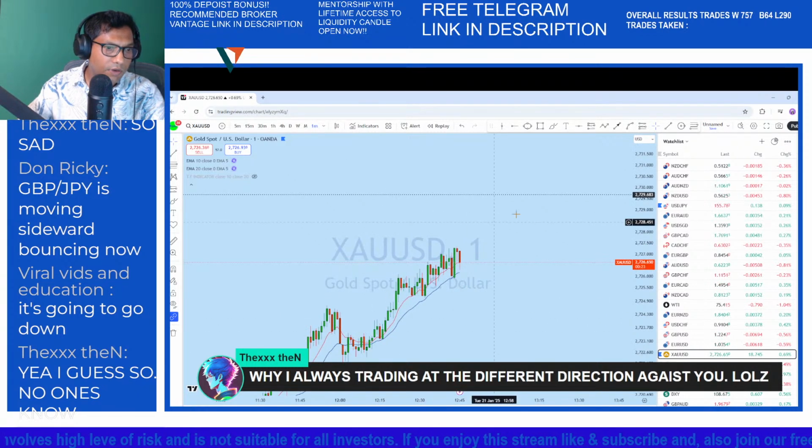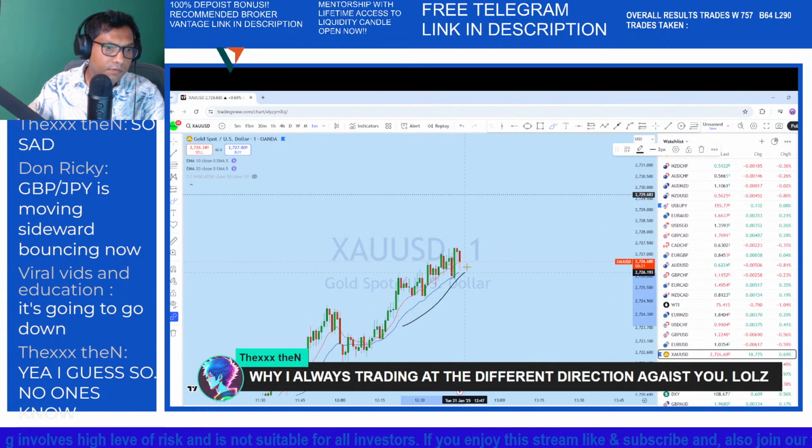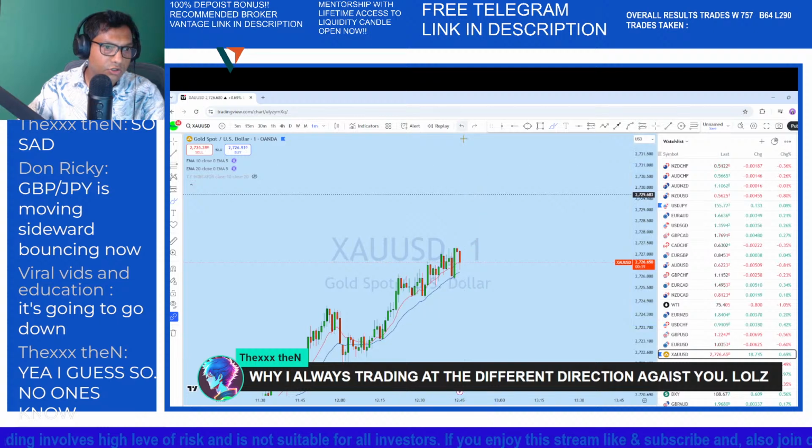And you can see a series of higher low formations here, expecting a potential breakout.